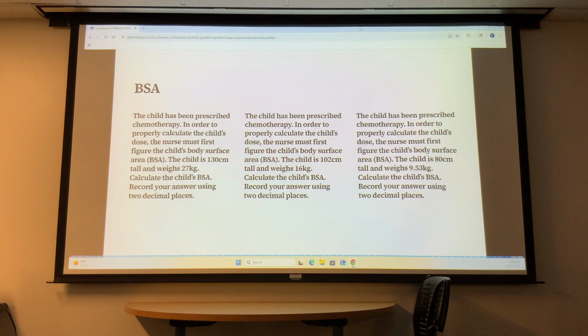Once you've divided by the 3,600, hit your square root, and that's what you need. So it should be 0.673.